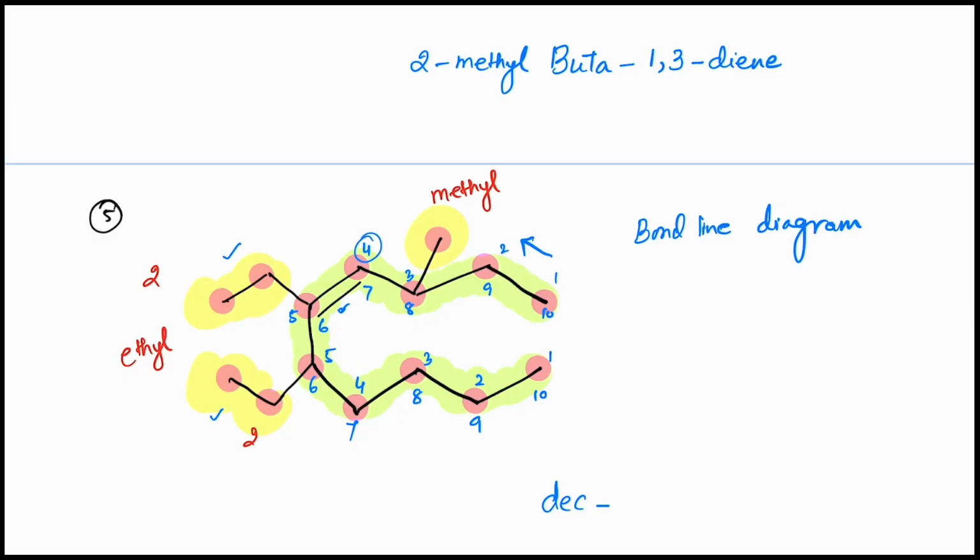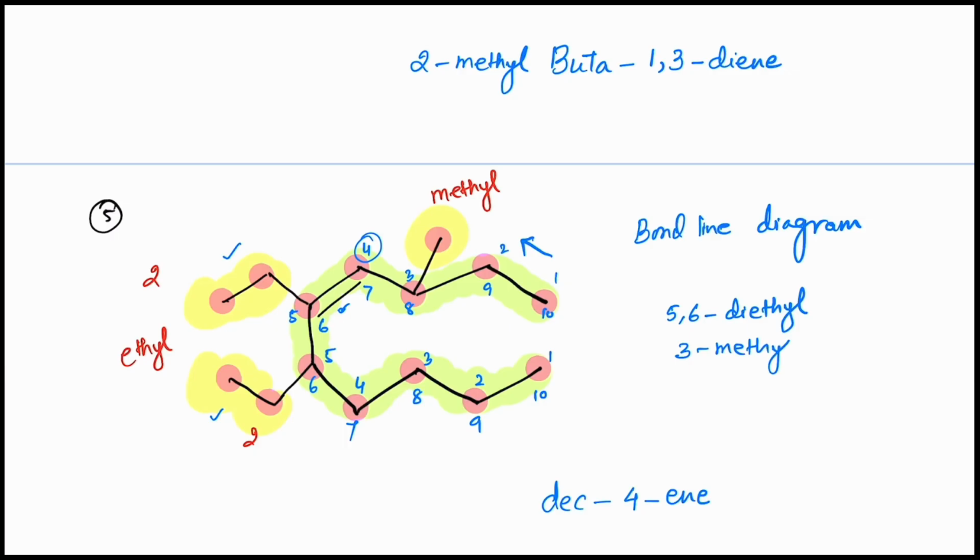So it will be 4-ene. Now we have 2 substituents, ethyl groups at 5 and 6. So it will be 5,6 diethyl. And there is a methyl group at position 3. So it will be 3 methyl.